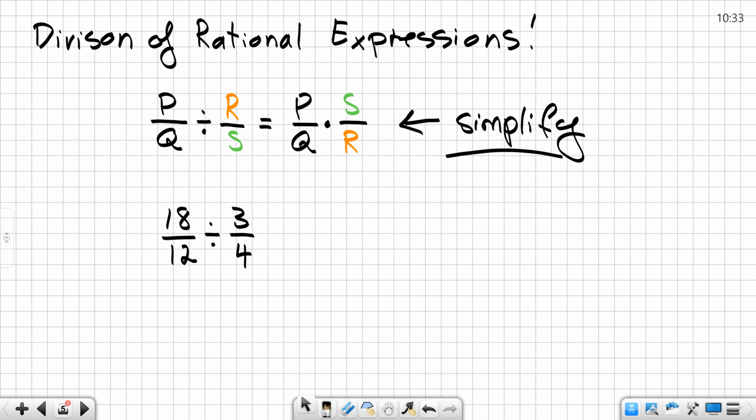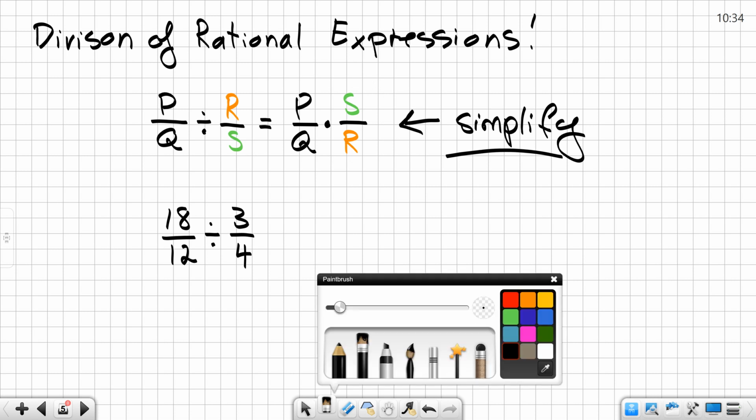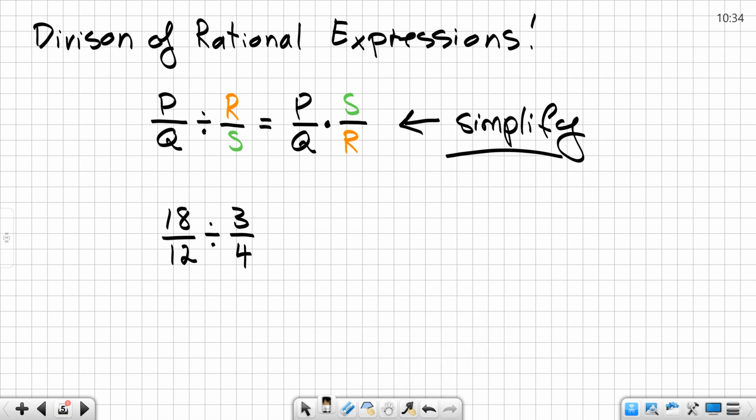So if we write it down as a rule, P over Q, and I'm dividing this now by R over S, what I'm doing is I just flip the second one around and I get S over R. You might have learned copy, flip, or whatever all of these little funny sentences were that help you to remind that you have to take the reciprocal of the second one.